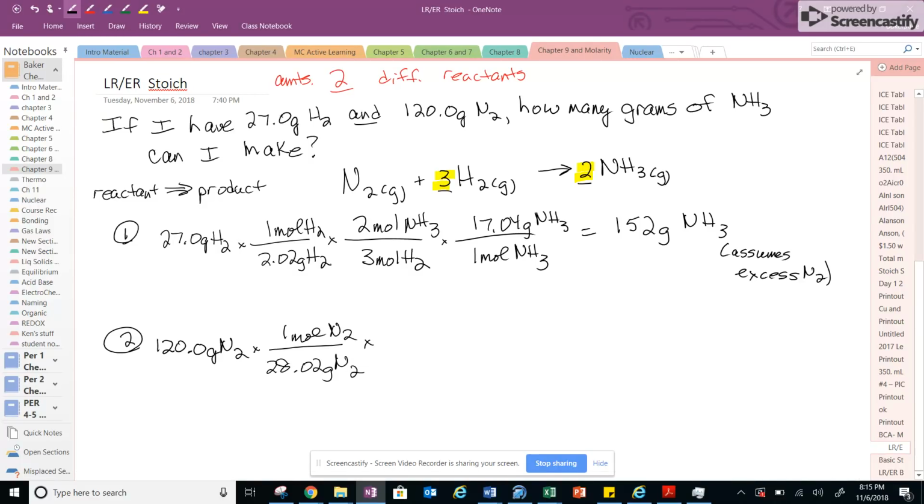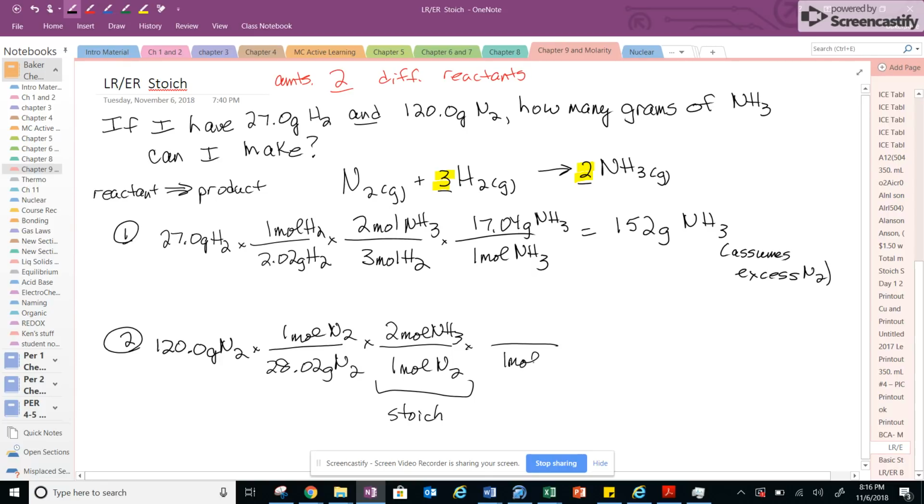And in this problem, I'm going to look at the coefficient for the nitrogen. 1 mole of nitrogen gives me 2 moles of ammonia. So this is our stoich, using the coefficients from the balanced equation. And if I want to convert my moles of ammonia into grams of ammonia, it's a very similar process. And this says I can make 146 grams of ammonia.